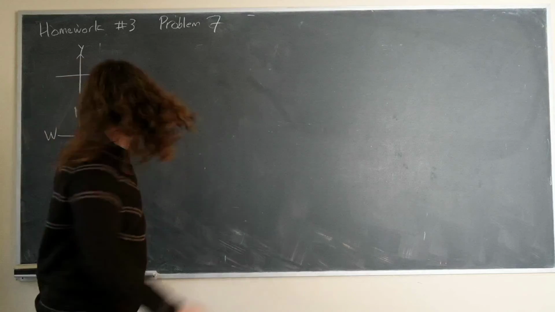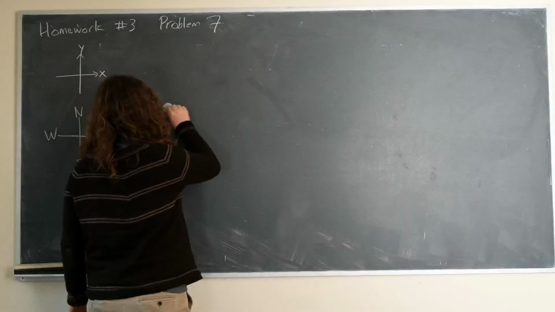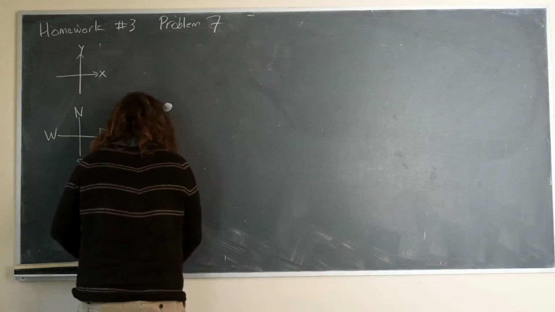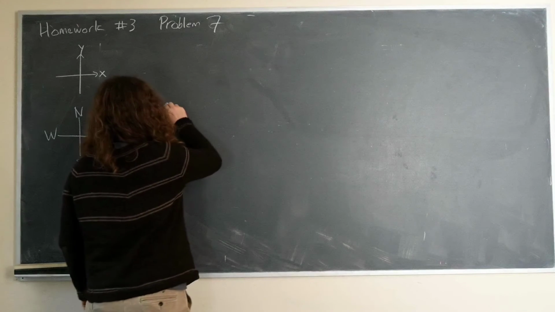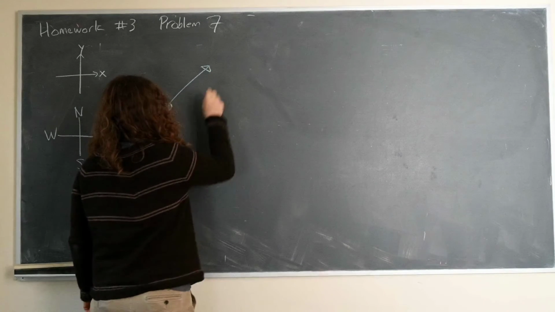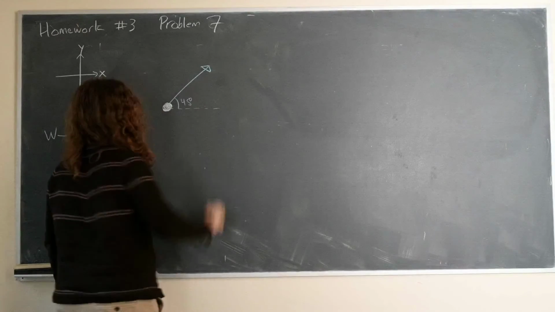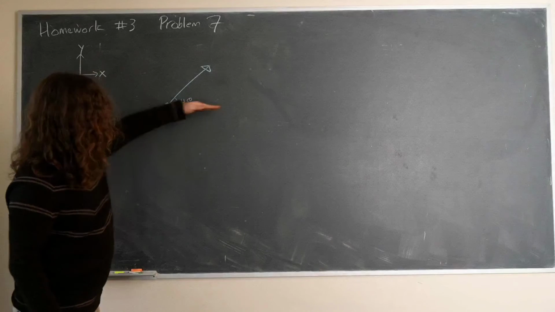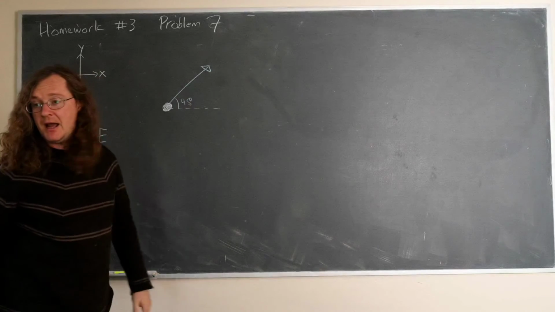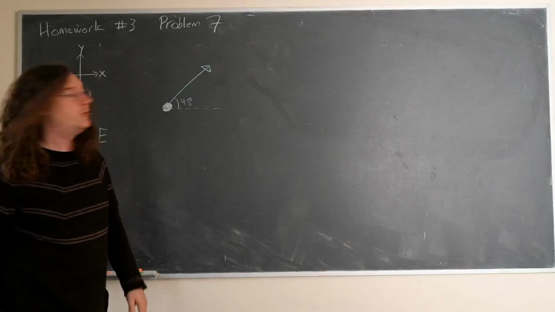The first rope points 45 degrees north of east. So we'll color code these. And I've told you it is 45 degrees north of east. So east, swing north. And this force is 200 newtons.